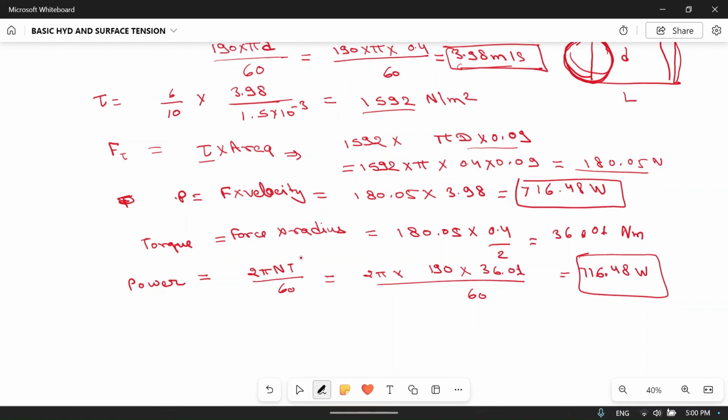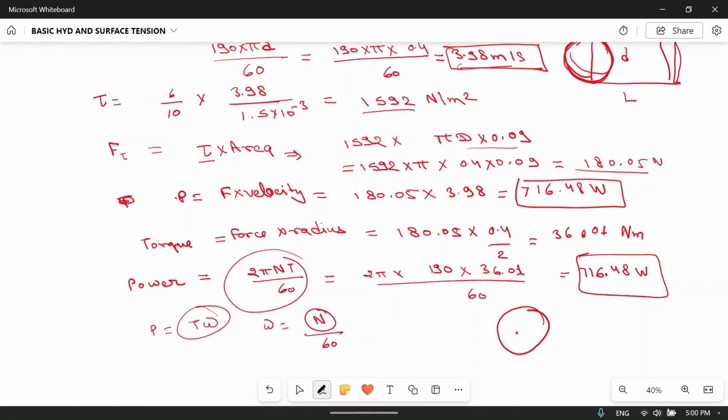Now if you are wondering how this formula came, then you know that power is equal to torque into omega. Omega is angular velocity. So here, what is the angular velocity? The speed is given as n revolutions per minute. If you want to convert to per second, then you divide by 60. So revolutions per second. In one revolution, how many radians is this shaft moving?